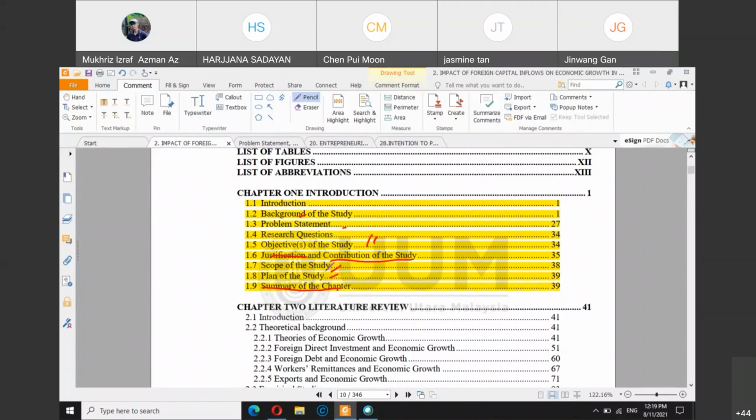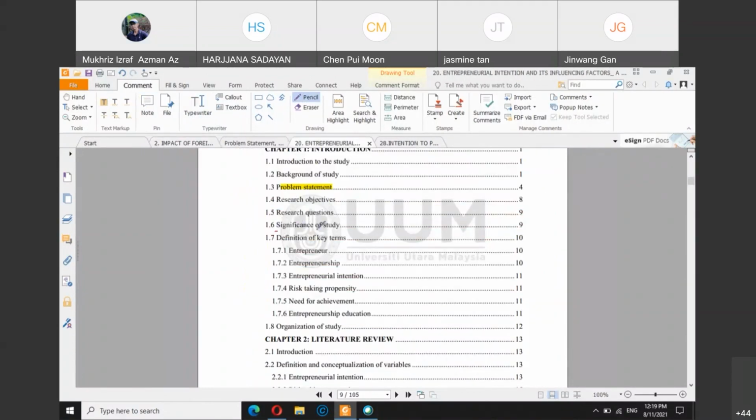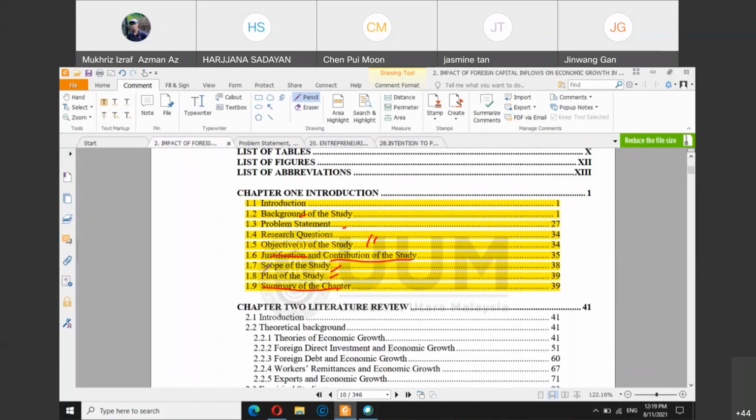So in your chapter 1, you need to have introduction, background, problem statement, research question, followed by the objective, contribution, or you can also use the word significance. Significance of the study is referring to the same thing. And then scope of the study.